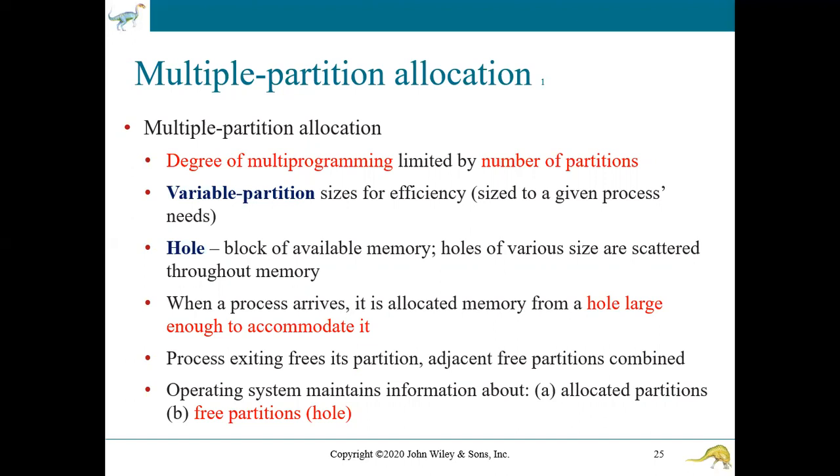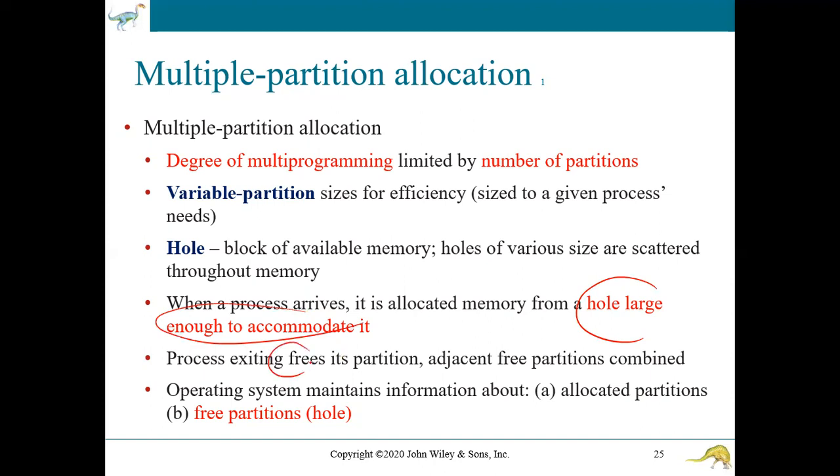So then, we talked about if a process completes execution, that piece of memory becomes a hole. And the size of the hole should be big enough to accommodate a new process if you want to allocate. The same story actually I talked about already.